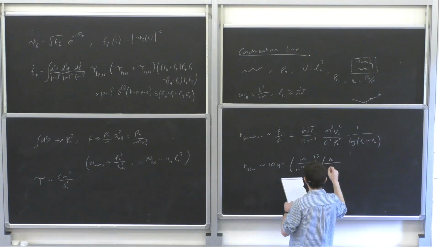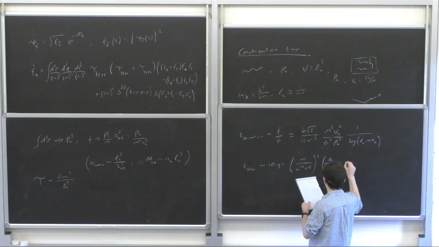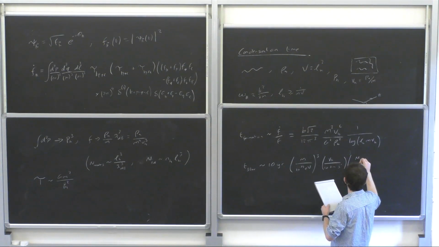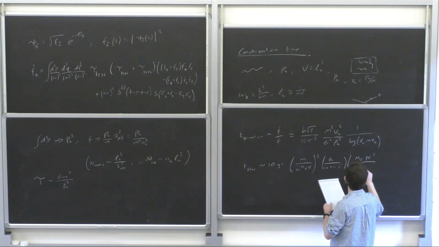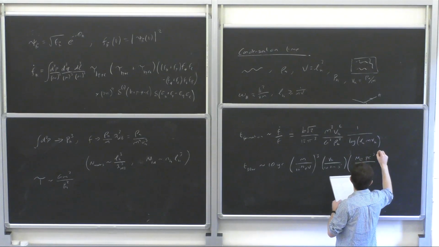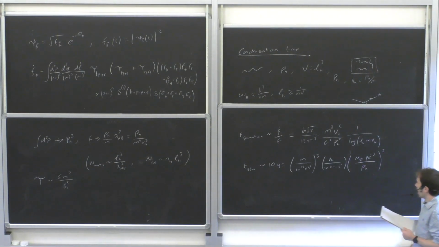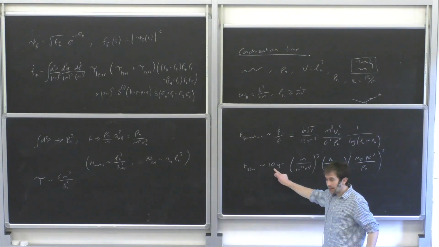Maybe normalize the halo velocity to a typical value, say 10 kilometers per second, and I'll normalize the density of the halo to one solar mass per parsec cubed. The age of the galaxy is certainly much longer than 10 years.